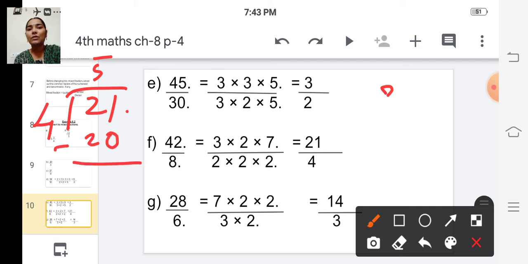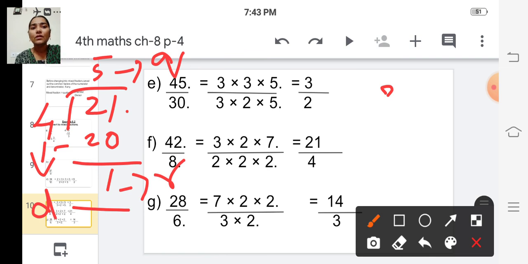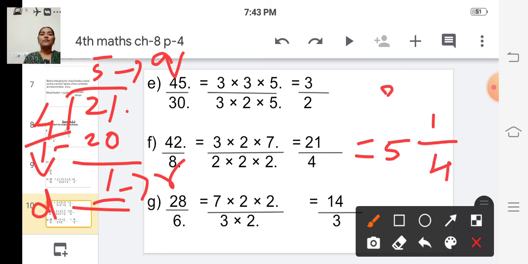Subtract, 21 minus 20 is 1. This is the quotient, this is the remainder, and this is the divisor. So quotient as whole number, 5, and remainder as numerator 1 divided by divisor as denominator, 4. So 5 1 by 4 is the answer.